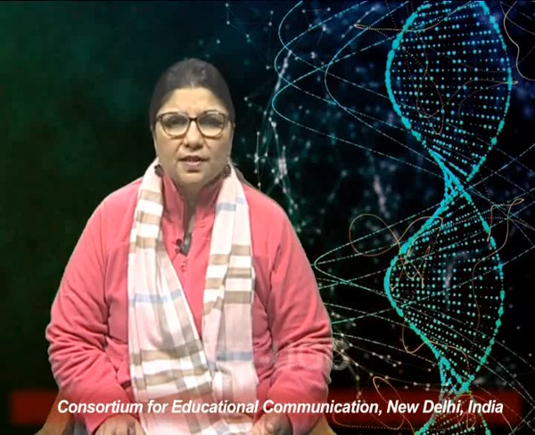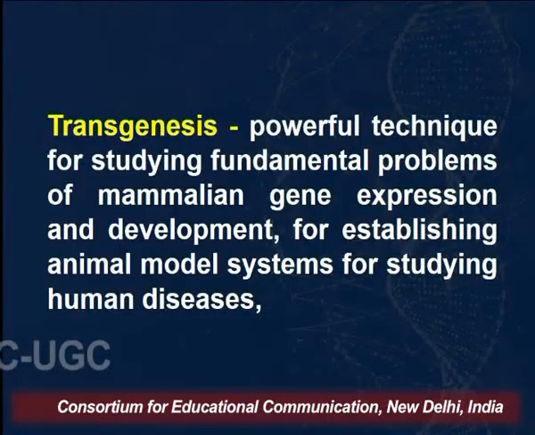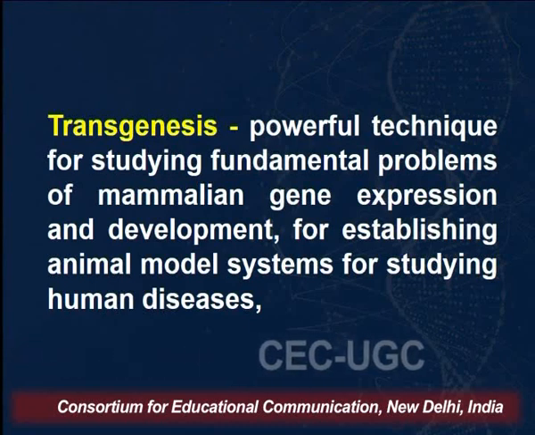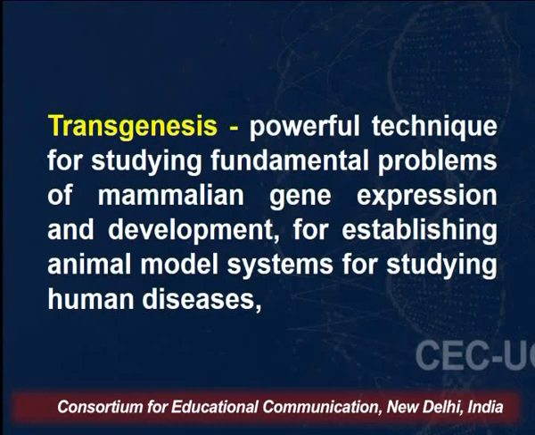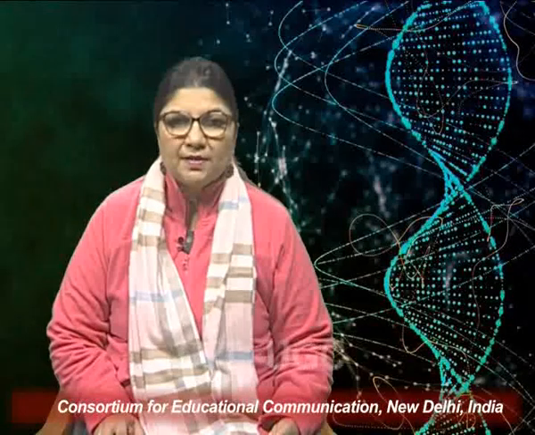So what happens is that transgenesis, which is the method of producing transgenic animals, is a very powerful technique for studying the fundamental problems of mammalian gene expression and development, for establishing animal model systems for studying human diseases. So there are many different aspects to it.